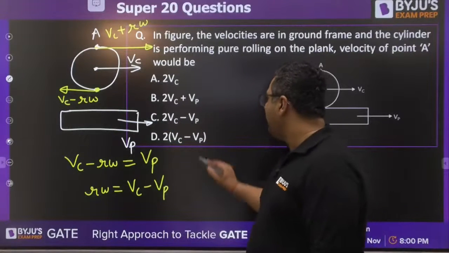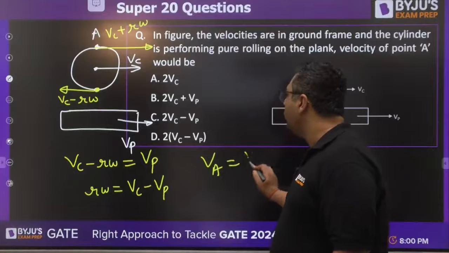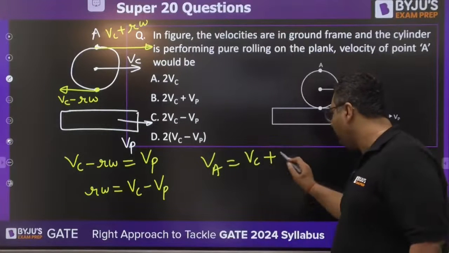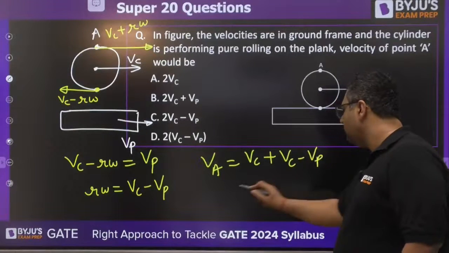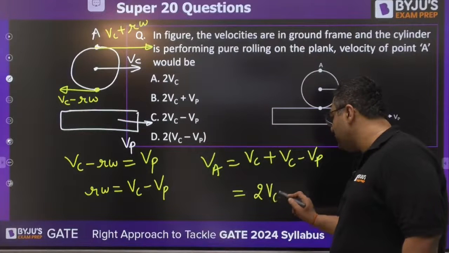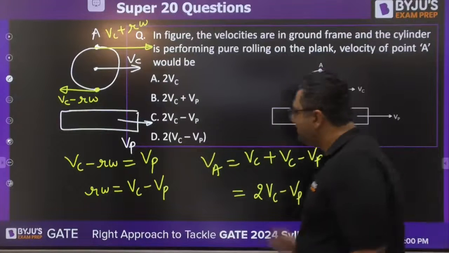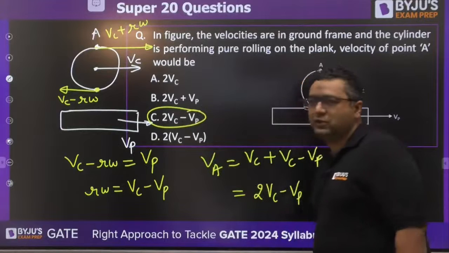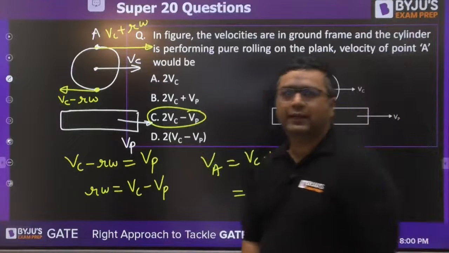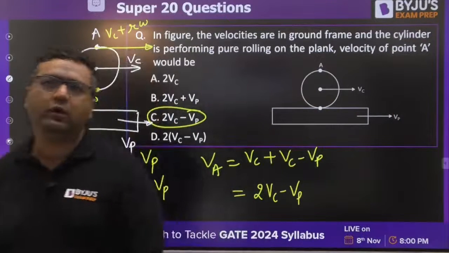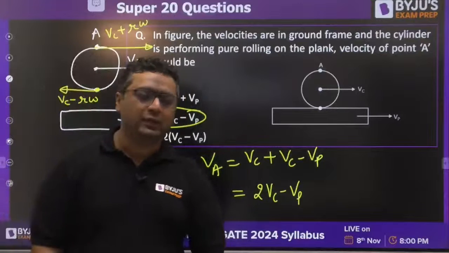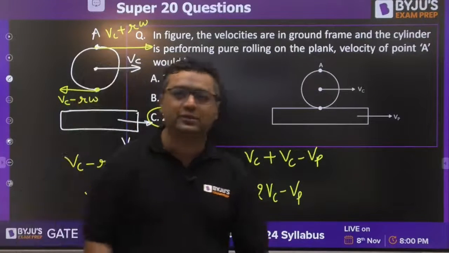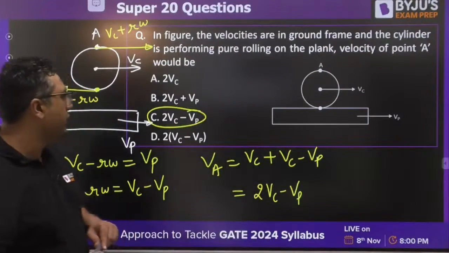So you can put the value, velocity of A is Vc plus R omega, is Vc minus Vp. So it will be 2 Vc minus Vp. This is a very good question. C would be the right answer. Yes, very good. You can go for that as well. Okay, actually Kennedy theorem is using this concept. Okay, moving further.